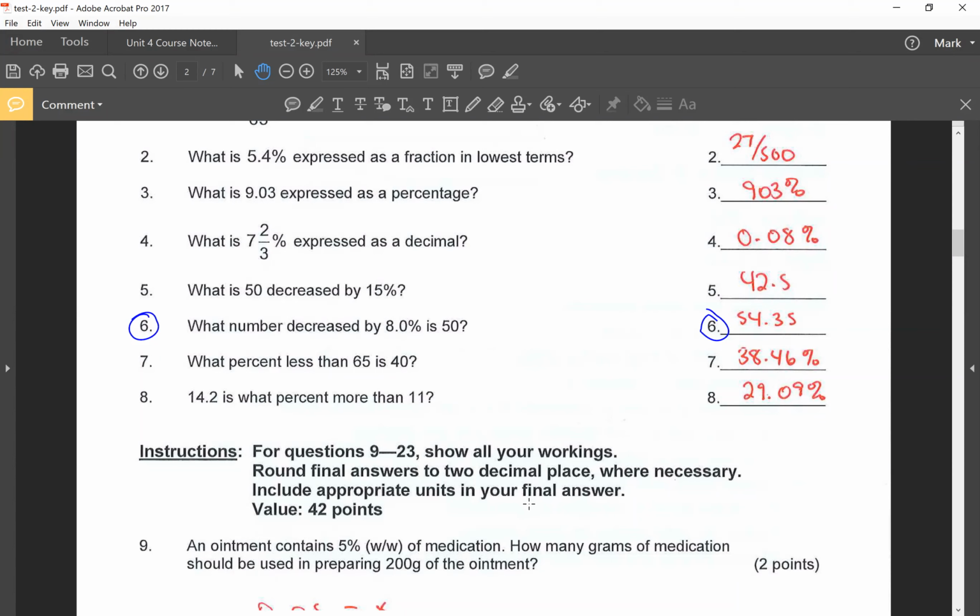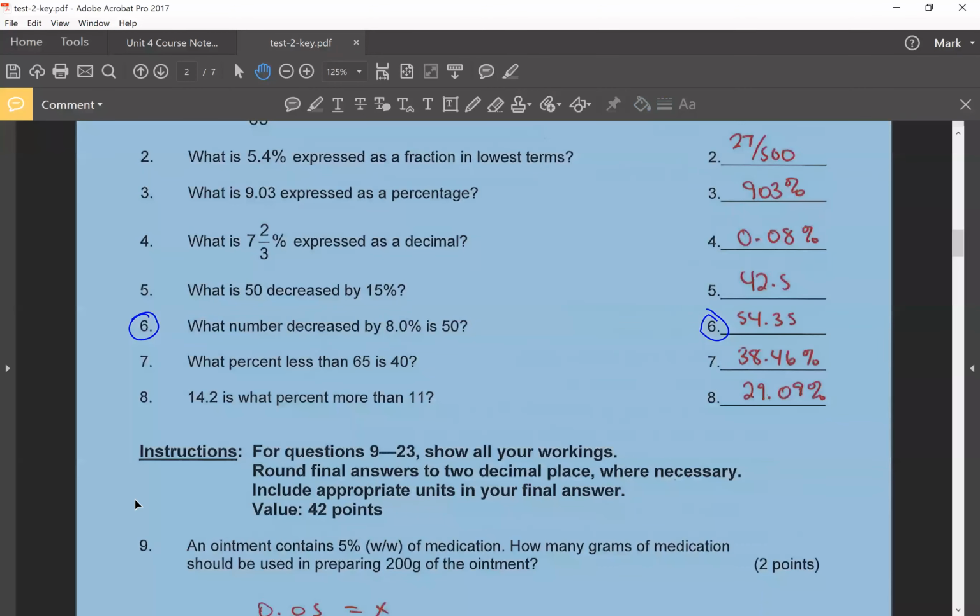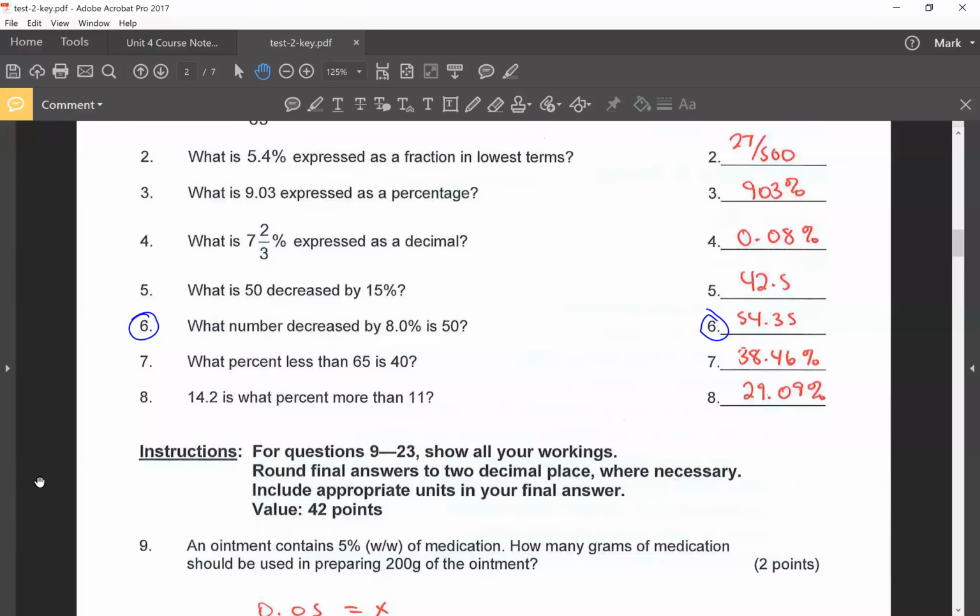It's saying, what number decreased by 8%? So we're going to take a number and subtract from that number 8%, and it's going to equal 50. So, what number, X, decreased by 8% is going to equal 50.